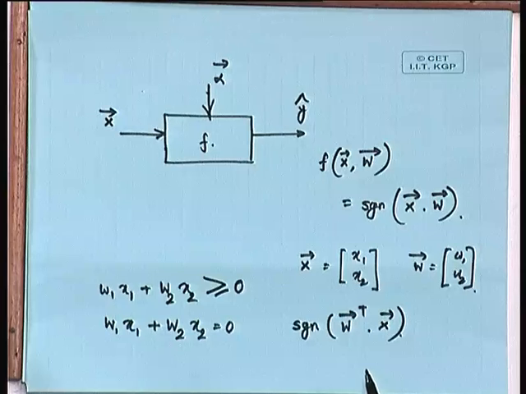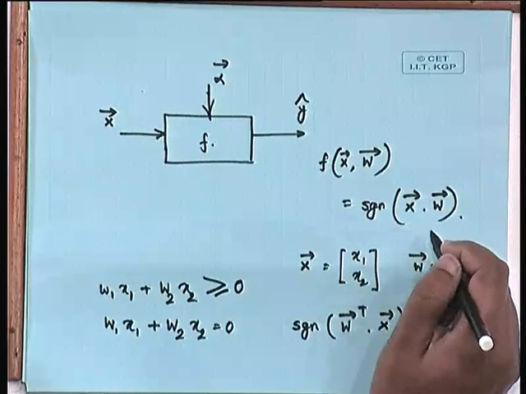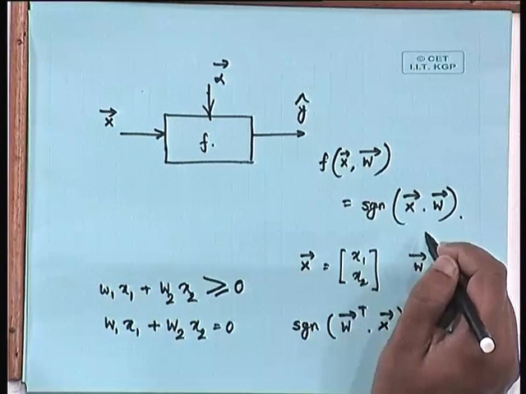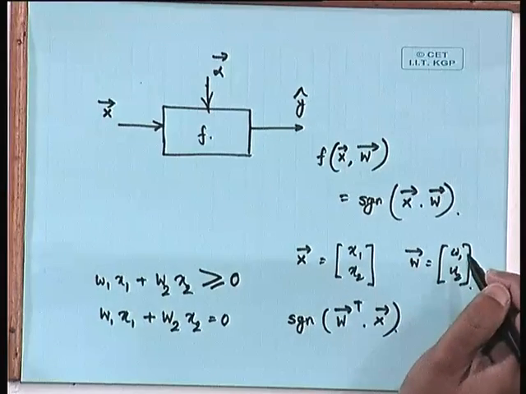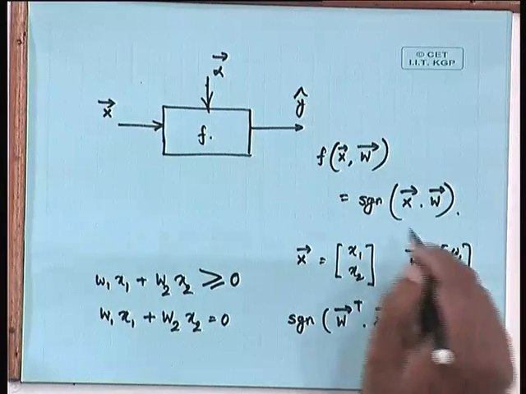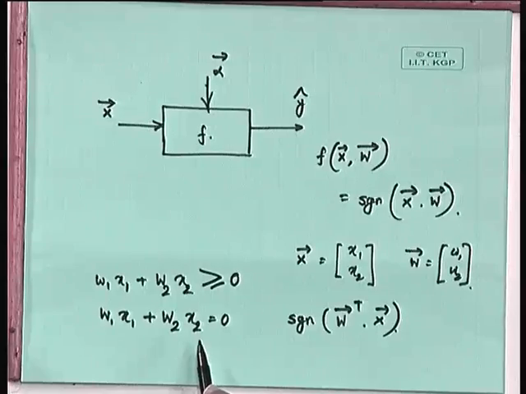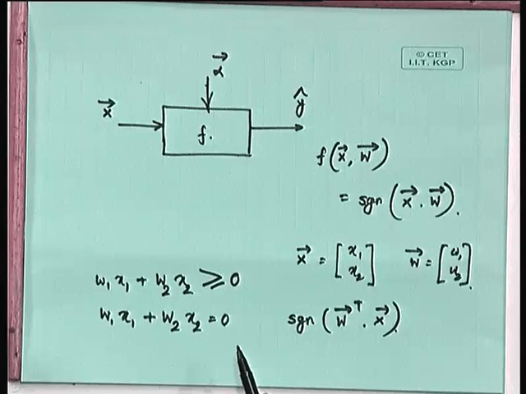Here we assumed that the bias term is 0. We should not assume the bias to be 0, because typically some bias would be there, but let us say that B is equal to 0. Here w1 x1 plus w2 x2 is equal to 0 means that it is a straight line in the two dimensional space, whose slope is minus w1 by w2, and the intercept in this case is 0 because there is no bias.